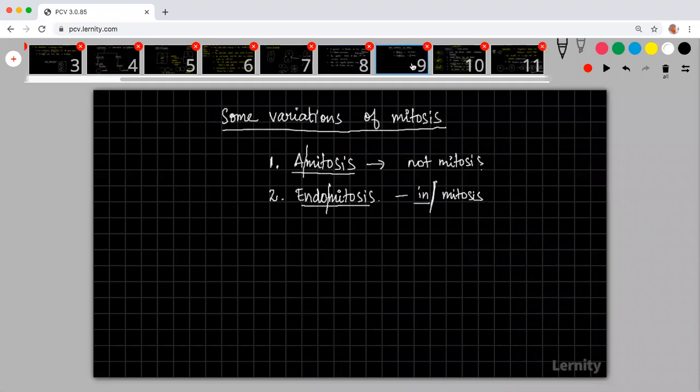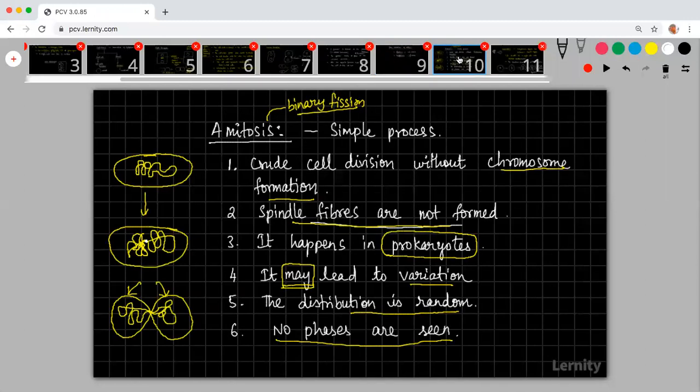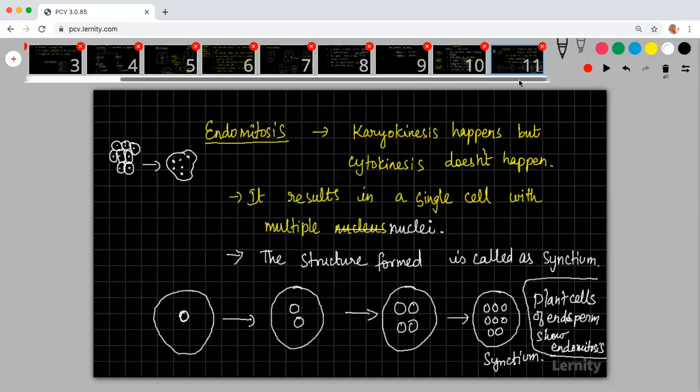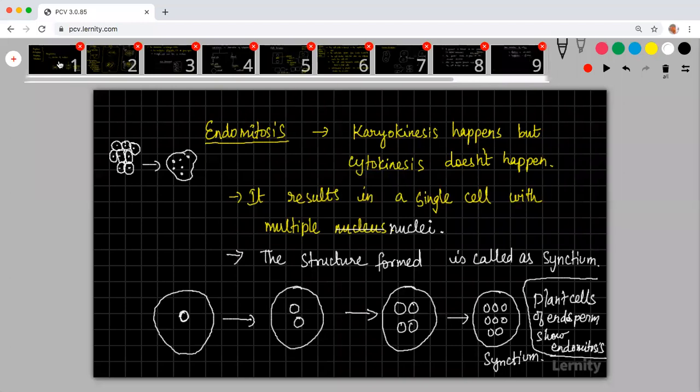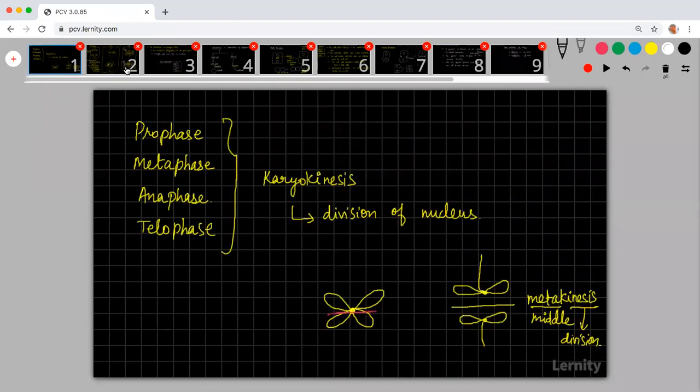Ninth slide. 10th slide. And 11th slide. Children, the doubt clarification sections are not there for biology because we are concentrating only on JEE subjects as far as doubt clarification is concerned. If you have any doubts, you can just ask in the class. Biology doubt clarifications are not kept because this is a batch focusing on JEE 1 and 2.